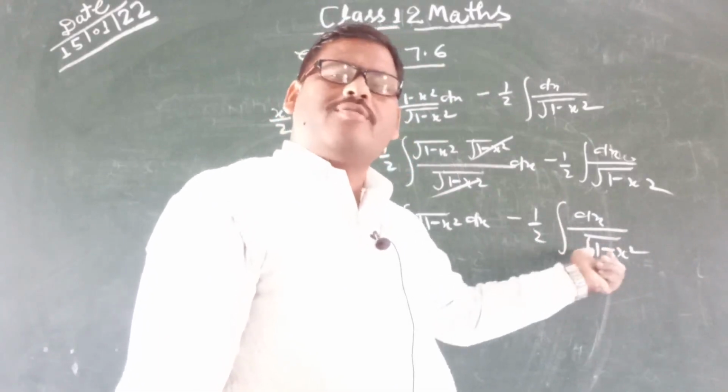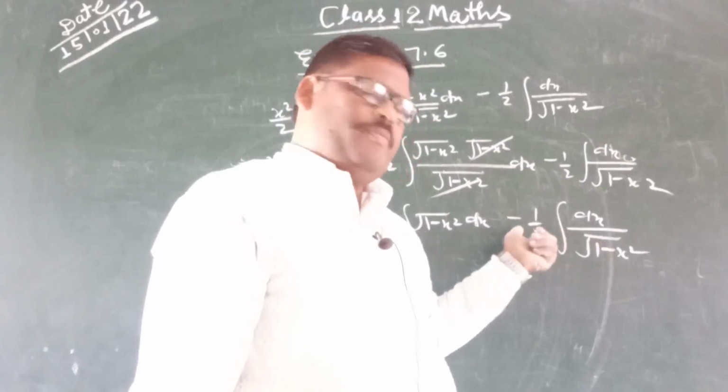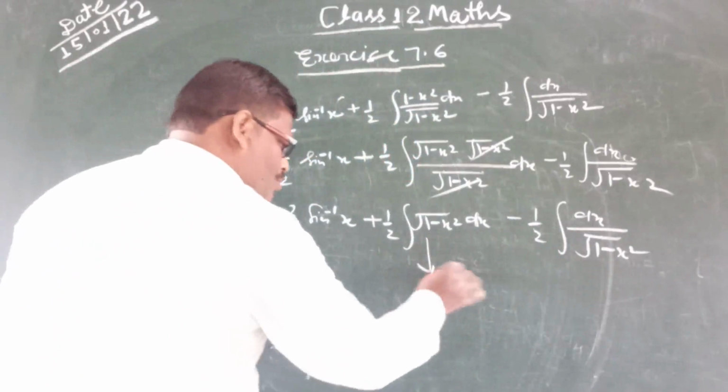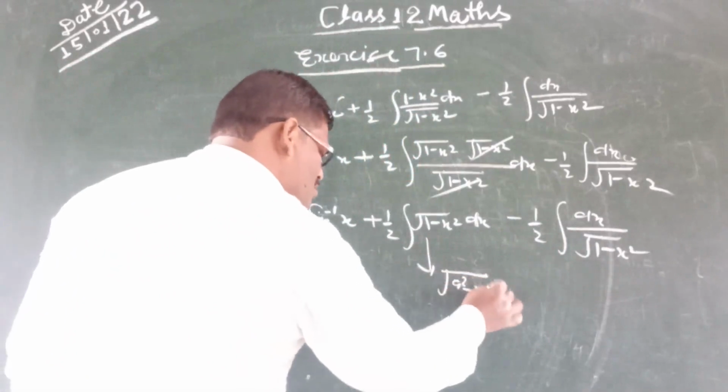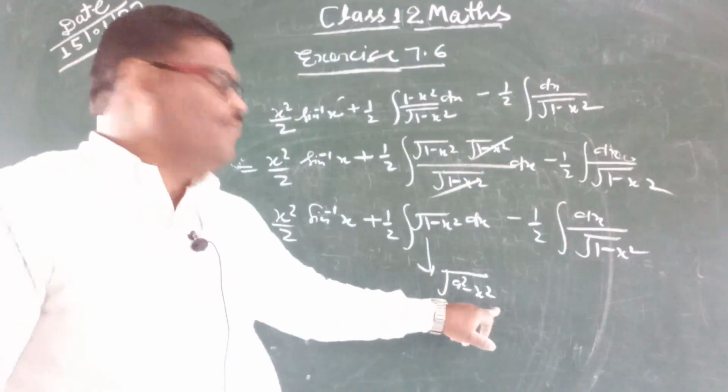You can write either cos inverse x or sin inverse x. In the cos inverse x case, it will be positive, and in the sin inverse x case, it is negative. By use of the formula for under root a square minus x square, you can find the result.